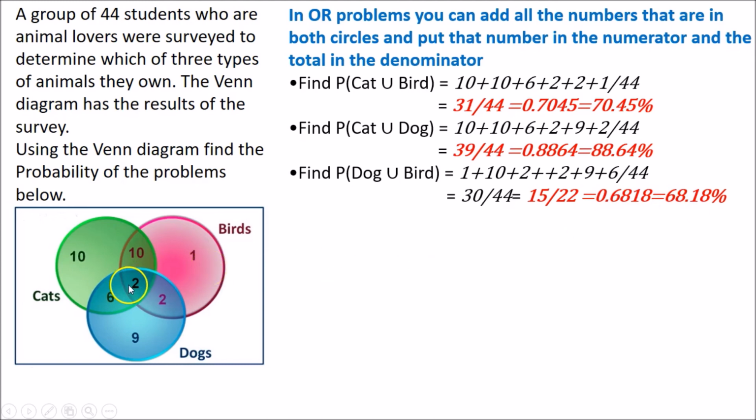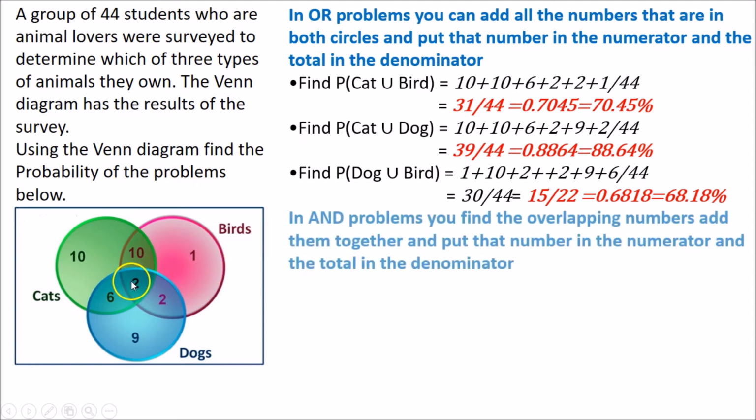Now, our next set of problems, we're going to talk about AND statements, okay? So in AND problems, you find the overlapping numbers and add them together and put the number in the numerator and then the total again in the denominator. So we're still going to put this 44 in our denominator, but now we're going to talk about cats and birds. So what we're looking for is just this portion right here, the overlap.